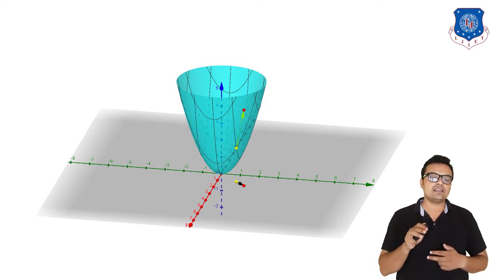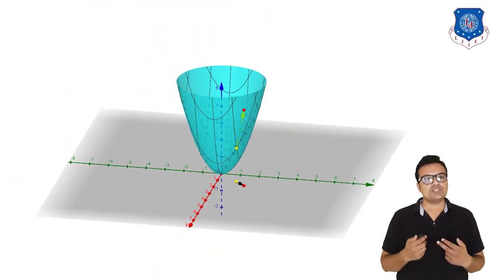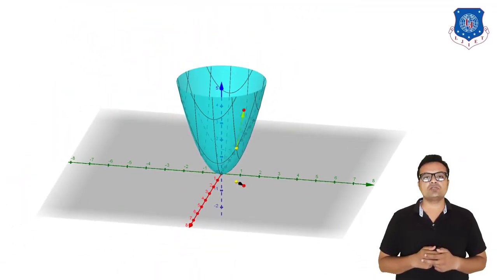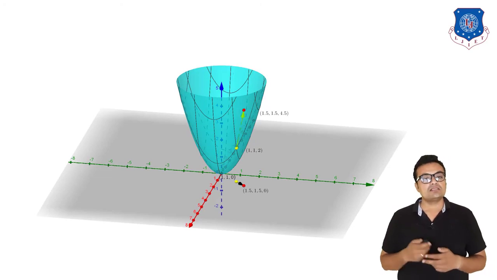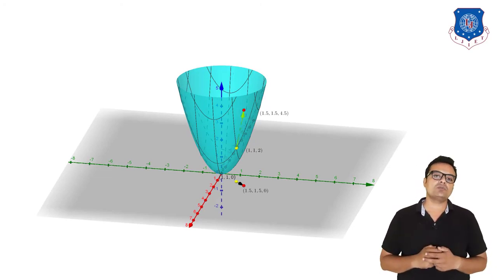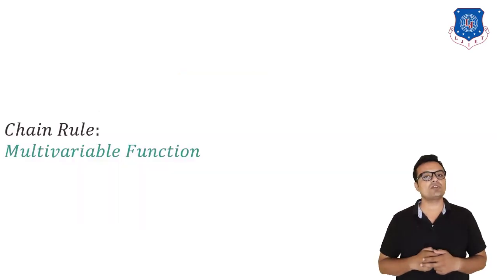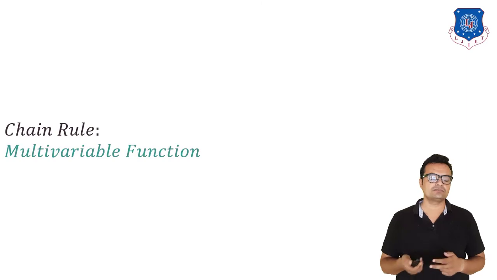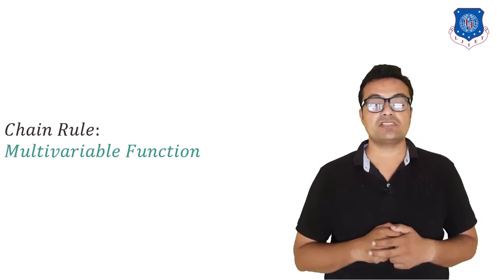You can see clearly here the tangent or a path on which the point is moving on surface is denoted by yellow vector, which is obviously with the positive slope, and that slope if you count will be of 2 units. This is geometric interpretation for total derivative. These are the coordinates (1, 1, 0), (1.5, 1.5, 0). Starting point is (1, 1, 2) and ending point is (1.5, 1.5, 4.5).